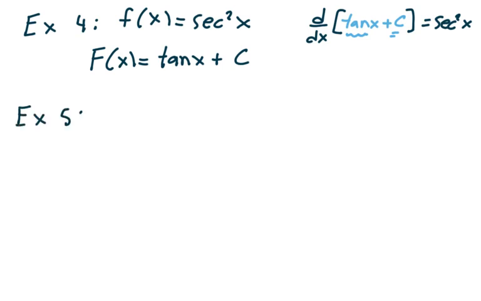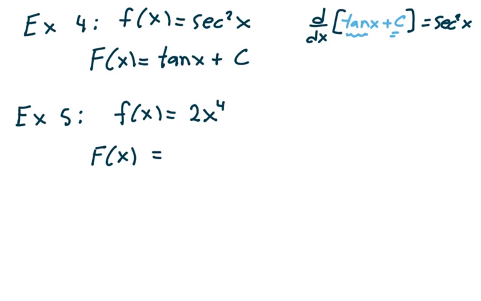Example 5. Suppose I give you this one. F of x is 2x to the 4th power. Now, I need the antiderivative of 2x to the fourth.